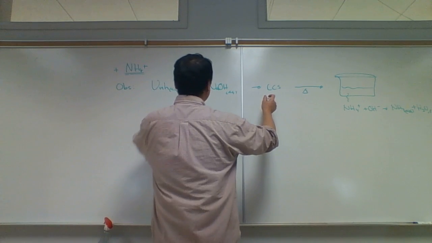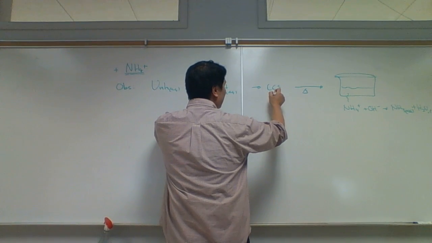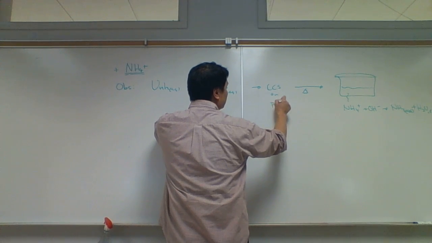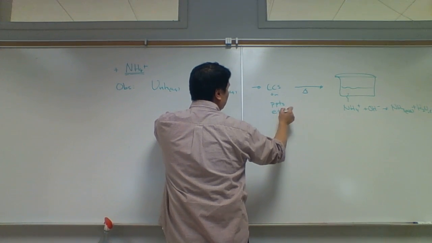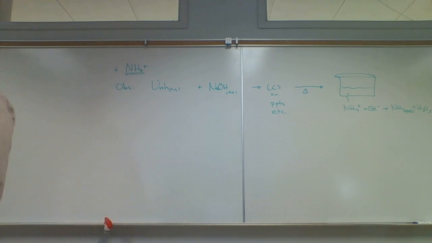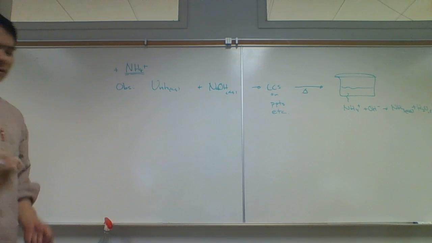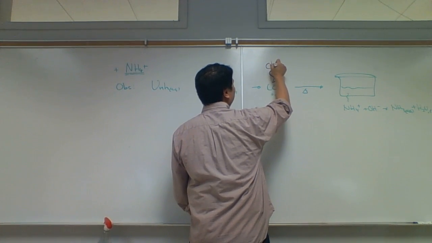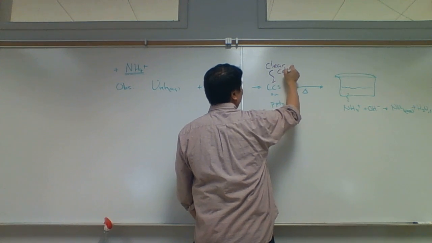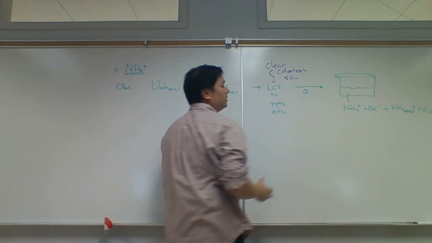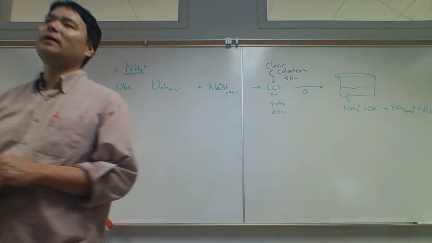It might not be a CCS, now that I think about it, because you could have other stuff, or you might get precipitates. Does somebody know what CCS stands for? Clear colorless solution. It would be a clear colorless solution if the only thing you had in there was ammonium chloride.